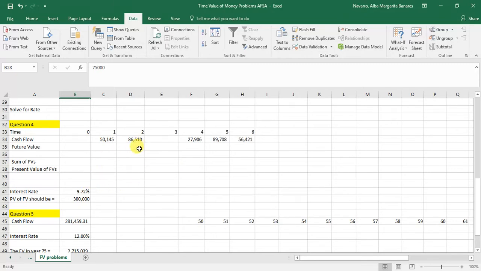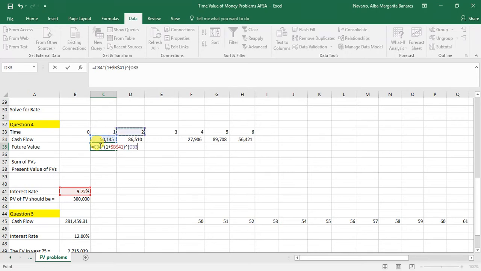Moving on. Question 4. What we're looking at here is we notice that we have a missing cash flow in time 3. So we're going to solve for this cash flow. First of all, what are our other future values? So we go cash flow multiplied by 1 plus our interest rate, lock in the interest rate, to the power of our final year, lock in the final year, minus the current year.